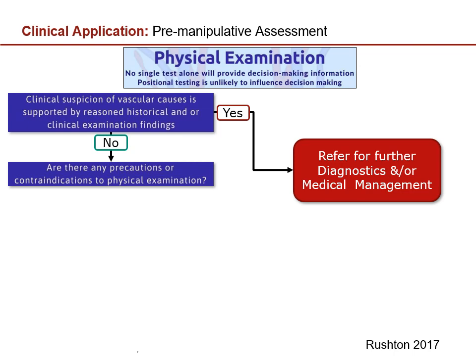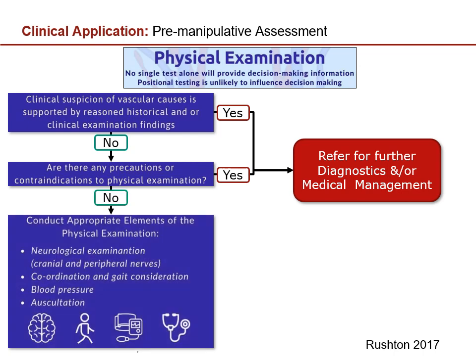If no, then are there precautions and contraindications that would preclude or limit the safety of continuing with the physical exam or being more comprehensive there? If yes, again, referring for further medical management. And then if no, then you are safe to continue to progress with the physical exam.